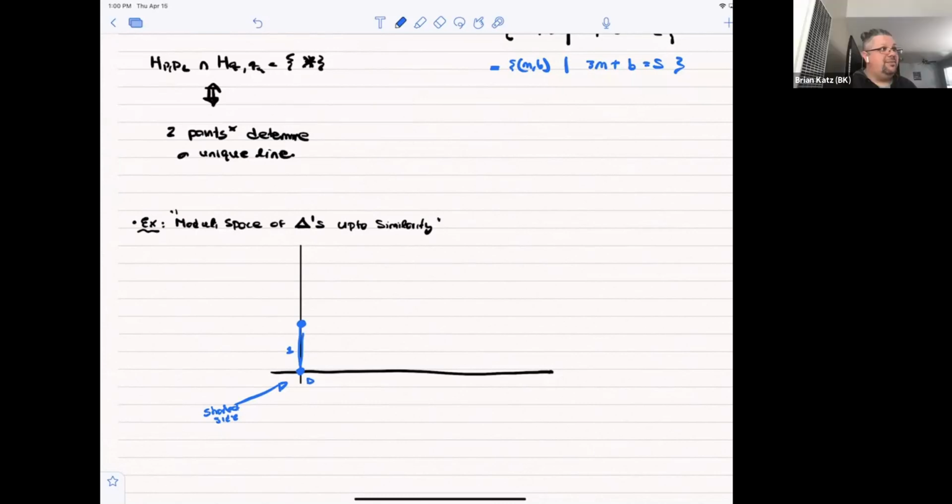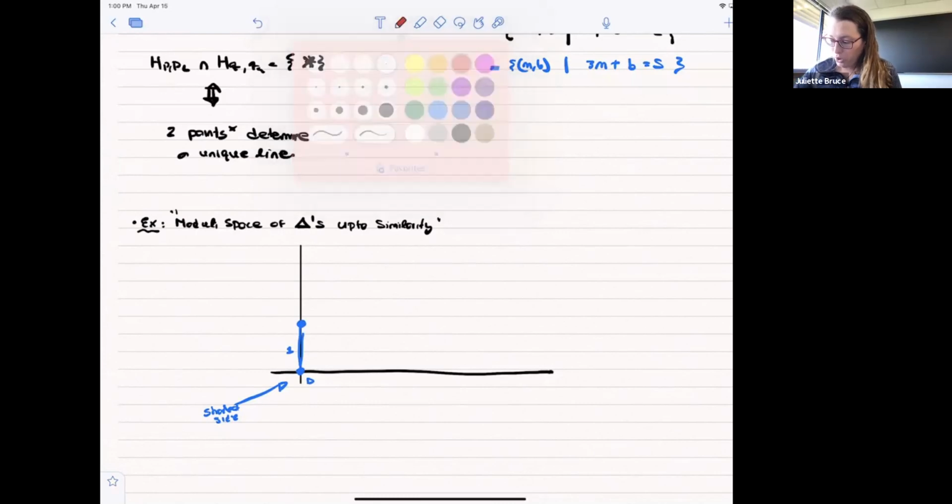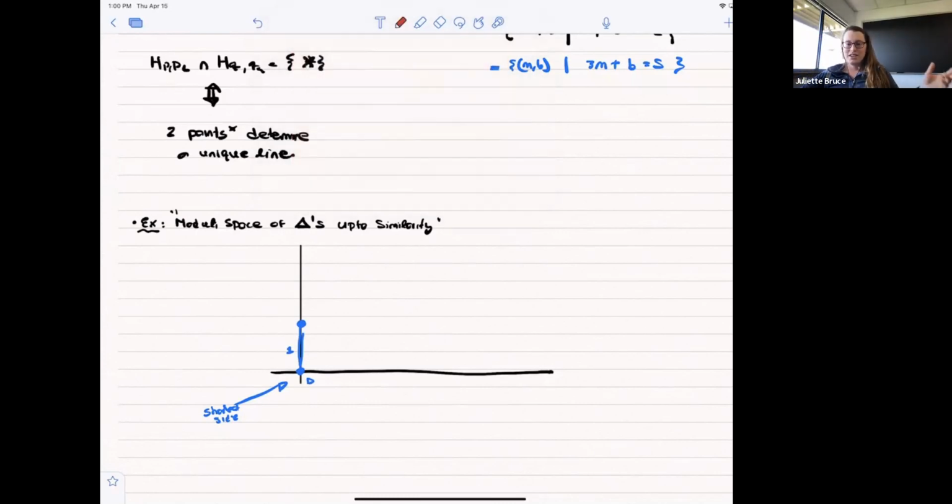A third point more than 1 unit. Yeah. So I have to give you a third point somewhere else on the plane because a triangle is specified by 3 points in the plane. And I've told you 2 of them, so I just have to put the third one somewhere. But the rule is that I can't be within distance 1 of either of these 2 points.